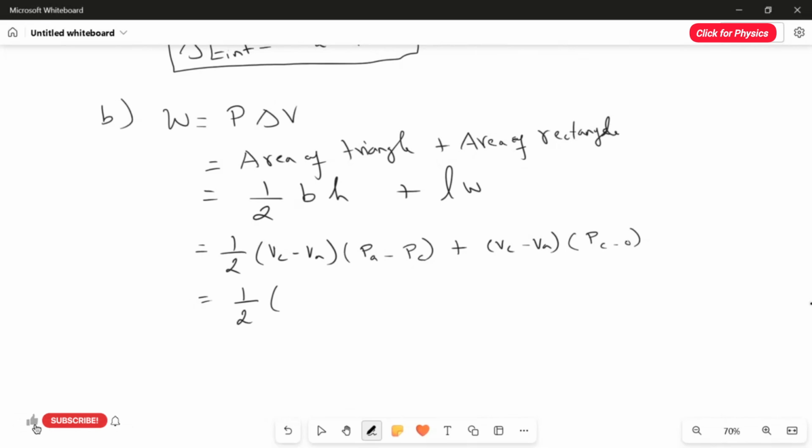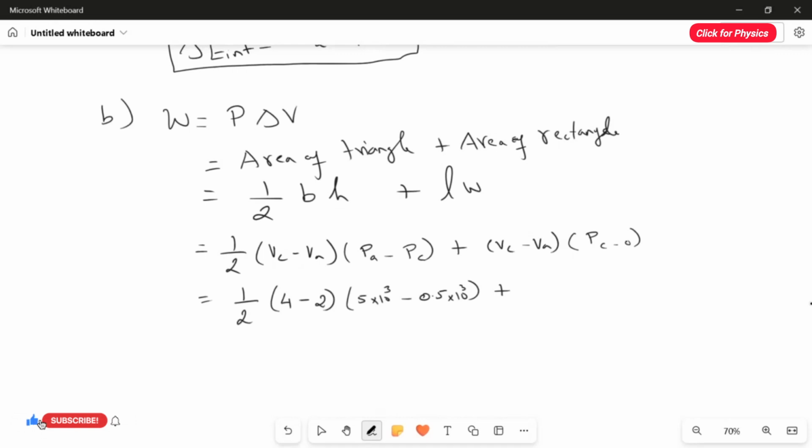Half, VC value here is 4 minus VA value is 2, and PA value is 5 kilopascal, which is 5 times 10 to the power of 3, minus PC value is 0.5 kilopascal, plus VC minus VA.